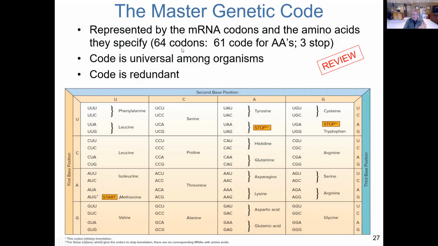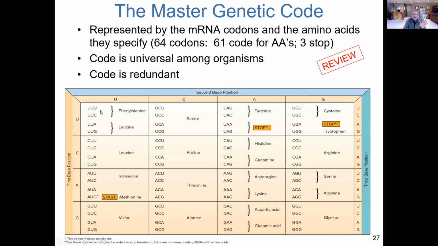It's basically 4 to the 3rd power, 4 bases in triplets. There's 64 possible ways that you could combine 4 letters in triplets. There are 61 codons that code for the 20 amino acids.